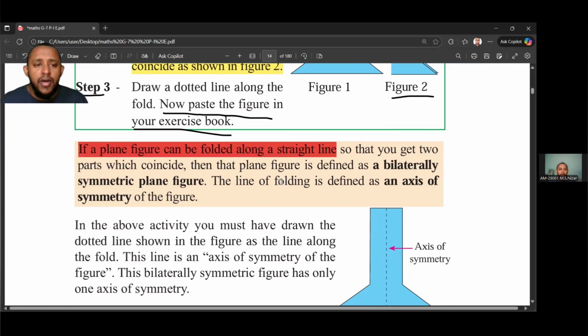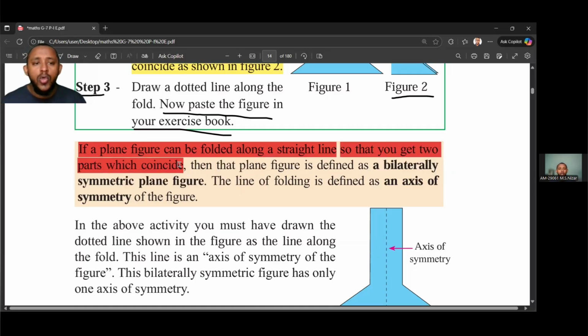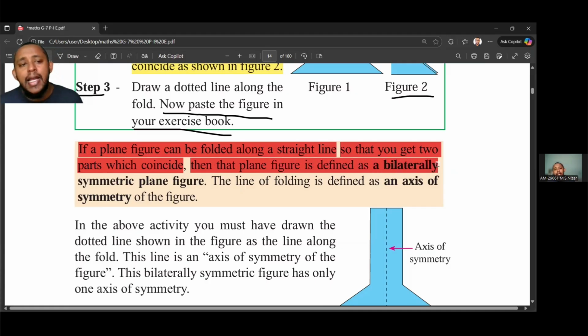Clear, right? If a plane figure can be folded along a straight line so that you get two parts which coincide, and they will tell about the symmetricality, then that plane figure is defined as a bilaterally symmetric plane figure.